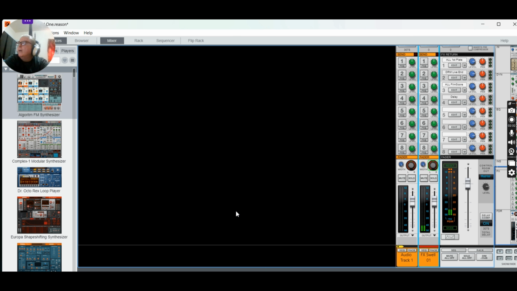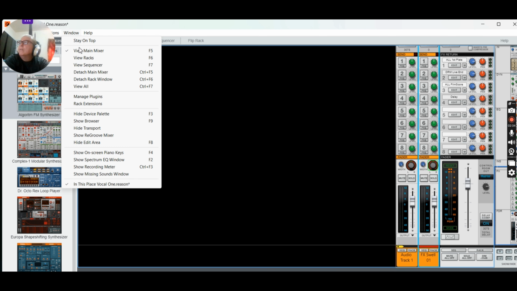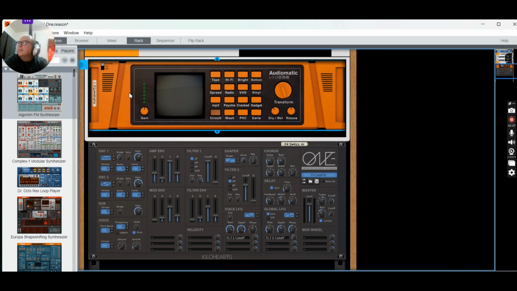I really like that, but I needed more character to this sound, so I brought in this distortion unit right here. It's called Automatic, and I selected Circuit, and I dialed in the dry/wet of this about 39%, and then I put it on 44, which is more of a darker sound instead of a brighter sound if I went to the right.